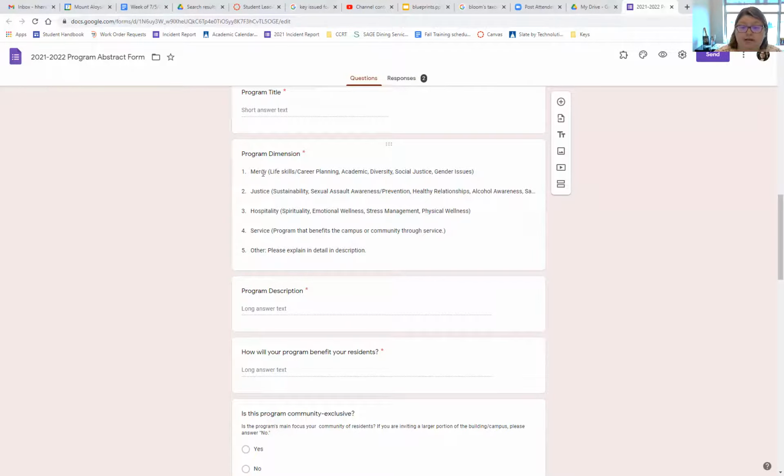Additionally, there is hospitality, and those sort of programs can be emotional wellness, so having different stress relief activities such as making stress balls, looking at stress management, or even physical wellness like a yoga program.